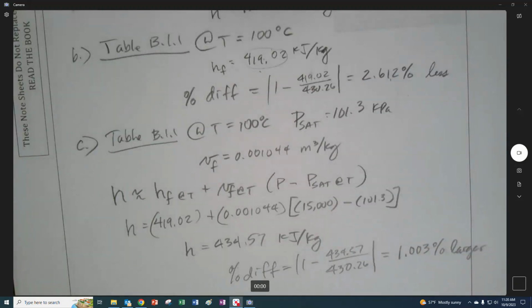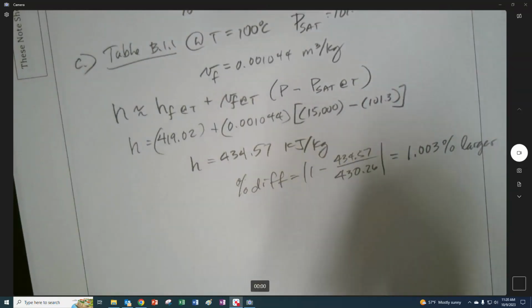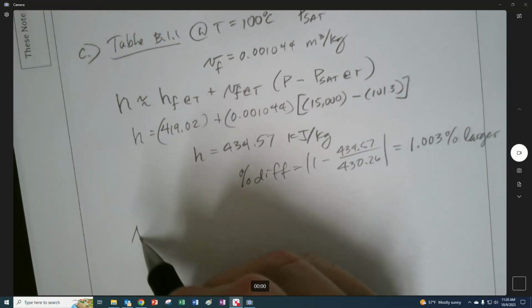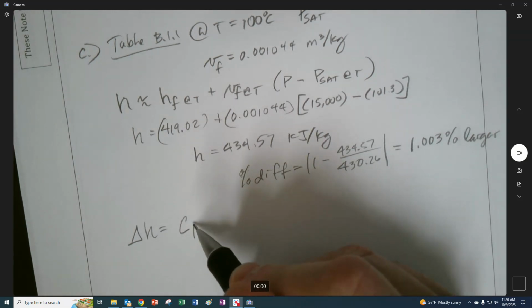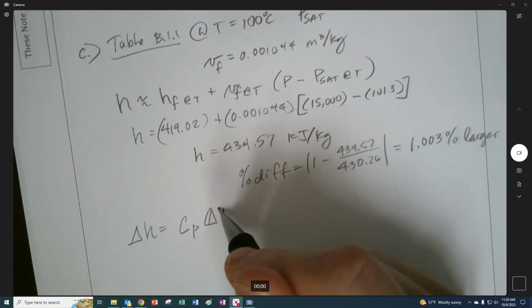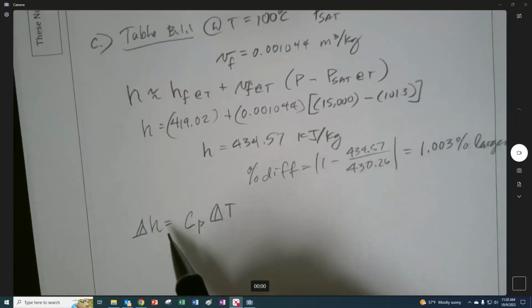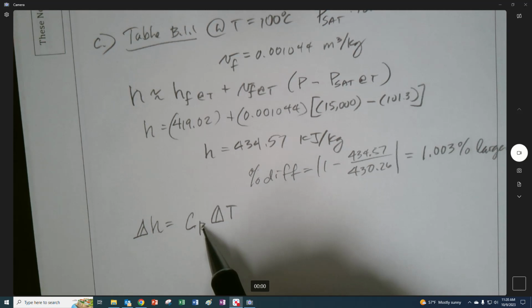You'll recall that a change in enthalpy can be found by CP delta T. I don't think you can find the enthalpy by simply multiplying this by this temperature, and of course it's for water.